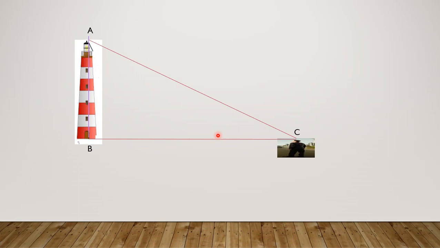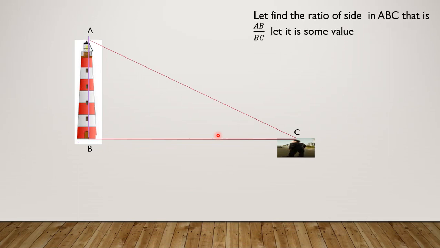Here we get a right angled triangle ABC. We can find the ratio of the sides, perpendicular and base, AB upon BC. Let it have some value.